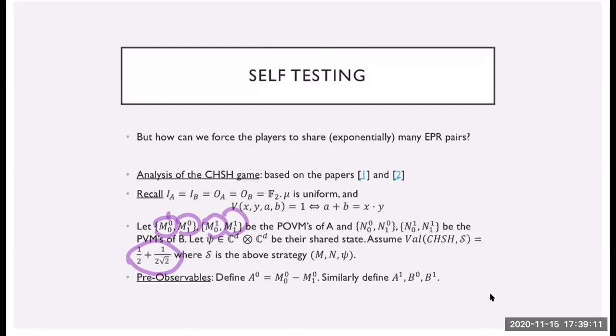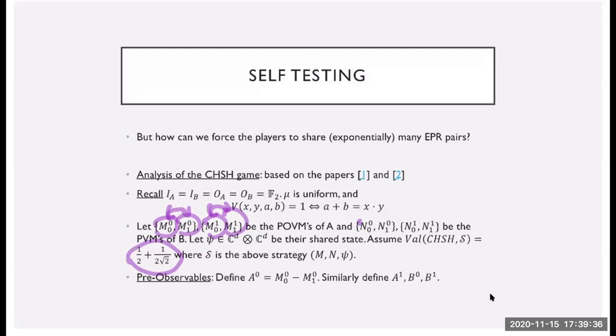So these two sum up to the identity, and these two sum up to the identity. And also player B has the same. So he also has 4 matrices. The first two sum up to the identity. The two others sum up to the identity. And also they share some unit vector inside C^D tensor C^D. So these M's and N's are D by D matrices.